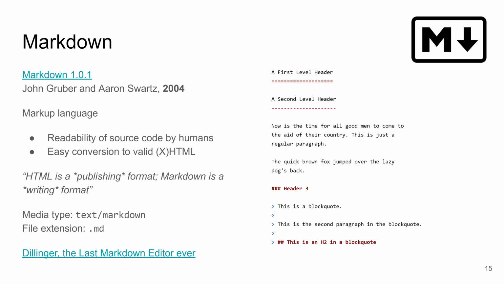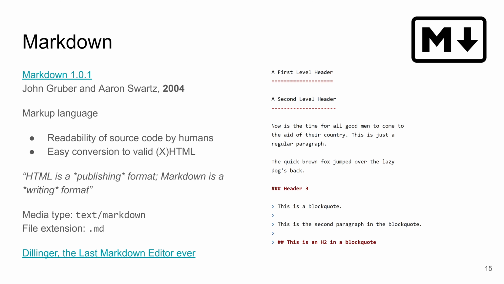And Markdown was developed in 2004 by John Gruber and Aaron Schwartz. And the goal of Markdown is to make the source code of the markup language. It is still a markup language, but the goal here is to make the source as readable for humans as possible. They actually placed readability above all else.